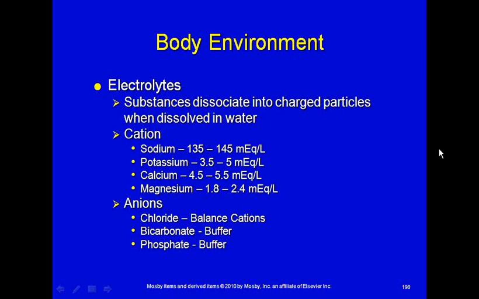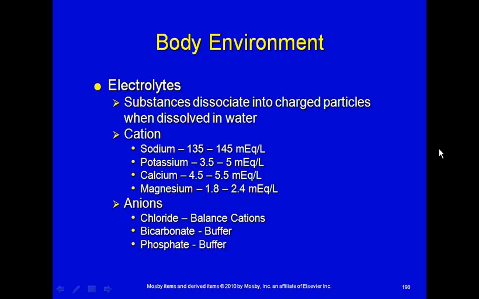Bicarbonate, HCO3, is the chemical symbol for bicarbonate, and bicarbonate is a buffer, as we'll see in the next slide, as is phosphate. Phosphate serves as a buffer, as well as in the production of DNA.